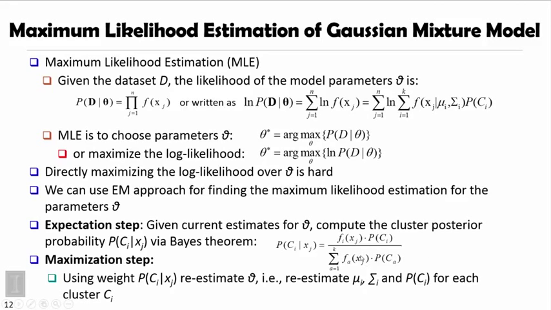That's our denominator. Okay. For the maximization step, we use the computed cluster posterior probabilities to re-estimate the parameters theta. That means we re-estimate mu sub i, sigma sub i, and the probability of C sub i for each cluster C sub i.